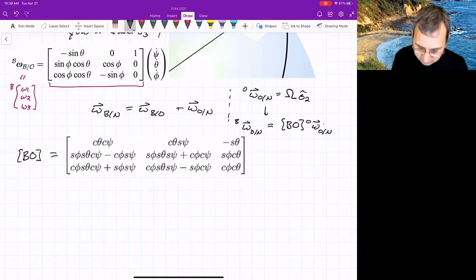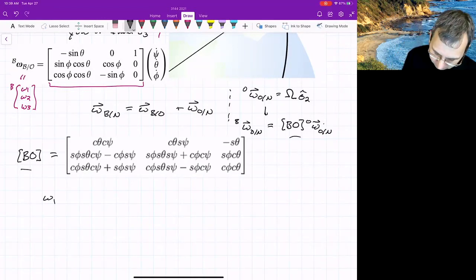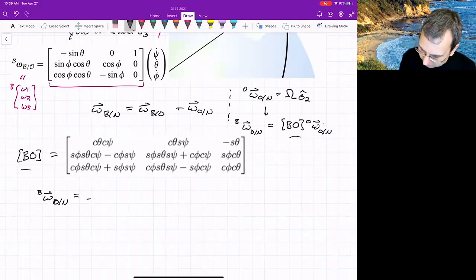All right, now using this in here, what do we get for omega of O with respect to N, in B components? This will be, pull out a capital omega, we're just basically writing what the O2 direction is in terms of the B frame.